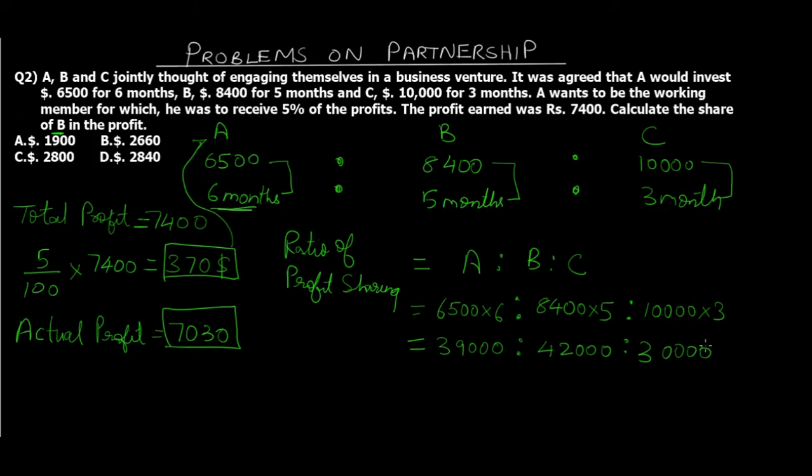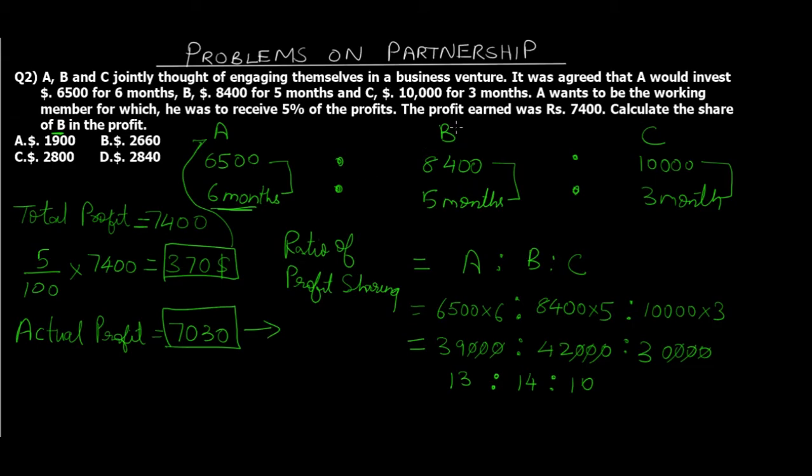Now for simplicity, let's reduce this, and we know the common number to divide this is 3. So first cancelling out the zeros. Now 3 is going to divide all of them. 3 13s are 39, so 13 is to 3 into 14 is 42, so 14, and 3 into 10 is 30, so this is going to be 10. So this is the ratio in which the money is going to be divided, and this is the actual profit.